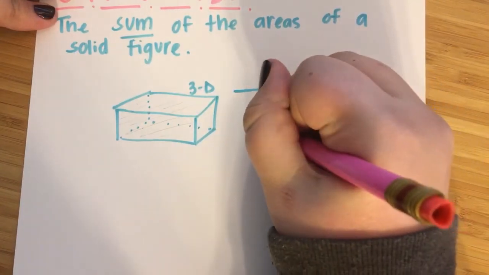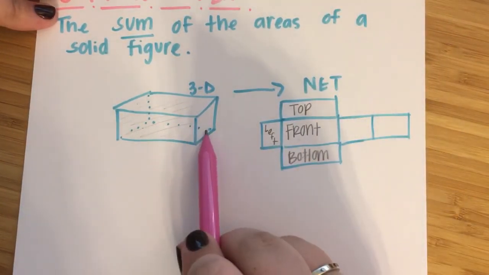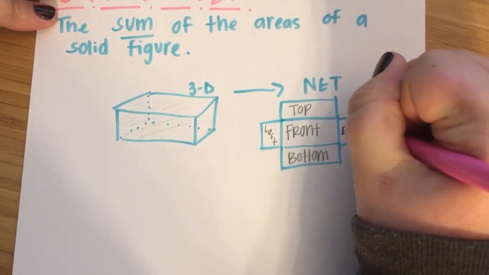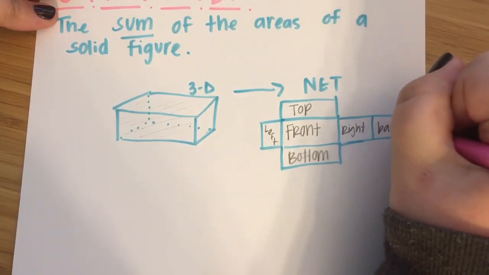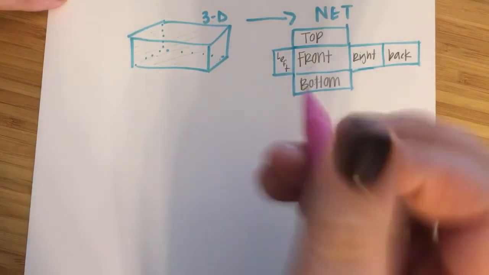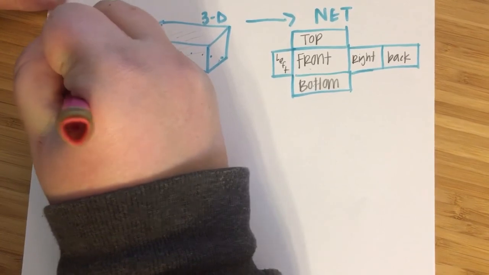To the left of the front will be left. To the right of the front will be the right. And congruent to the front, yes, that's correct, it's the back. And you can see between top, front, and right, that would be a vertex. You could see front, right, and bottom. That would be a vertex.